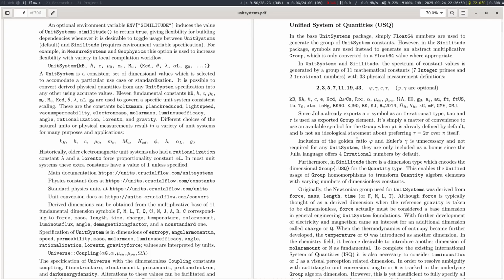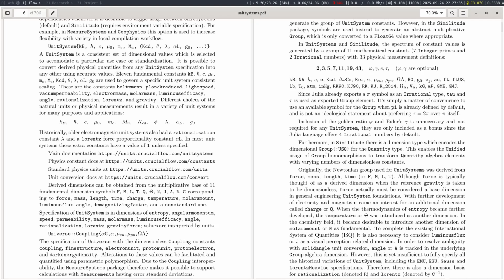All right. Inclusion of the golden ratio and the Euler-Mascheroni constant is unnecessary and not required for any unit system. They are only included as a bonus because, again, the Julia language offers 4 irrational numbers by default. And just because it's there already, we might as well include them in our specification.